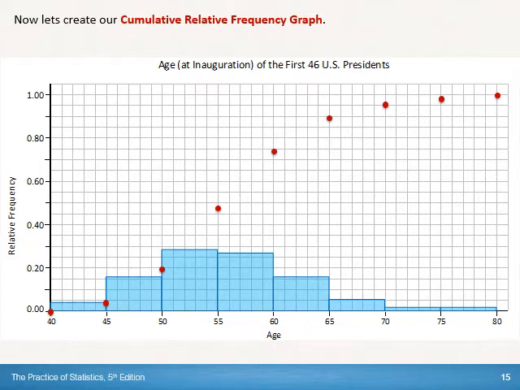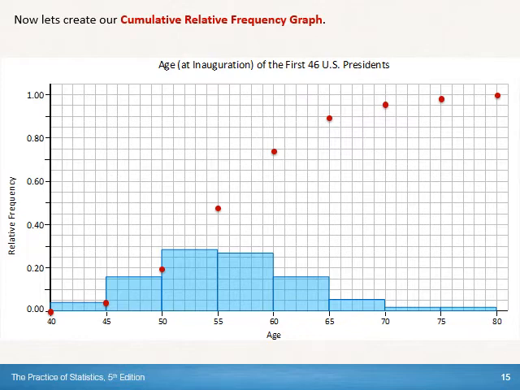So we're going to be able to use these things to talk about percentiles. So for example, if you did better on your SAT score than 90% of the population who took it, then you would be at the 90th percentile if you did better than 90%. So that's what we're going to start using here: we're going to talk about percentiles from this cumulative relative frequency graph.